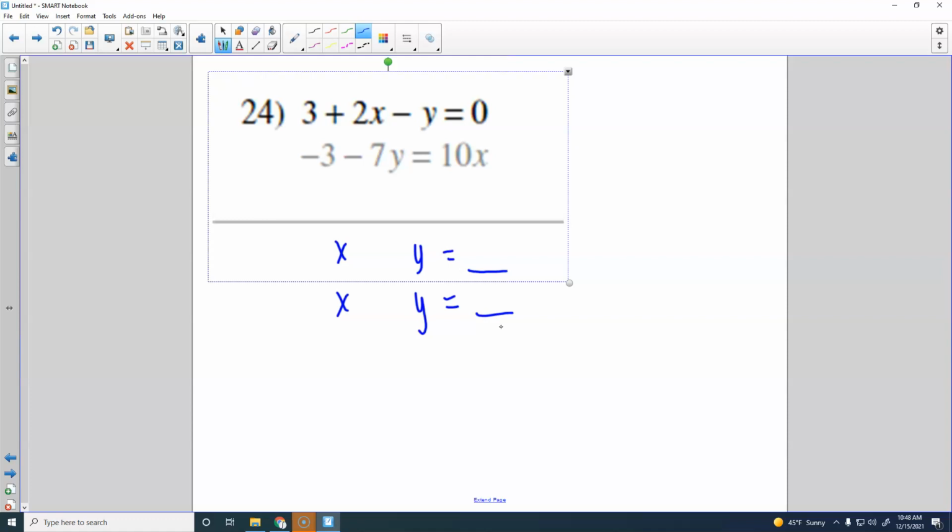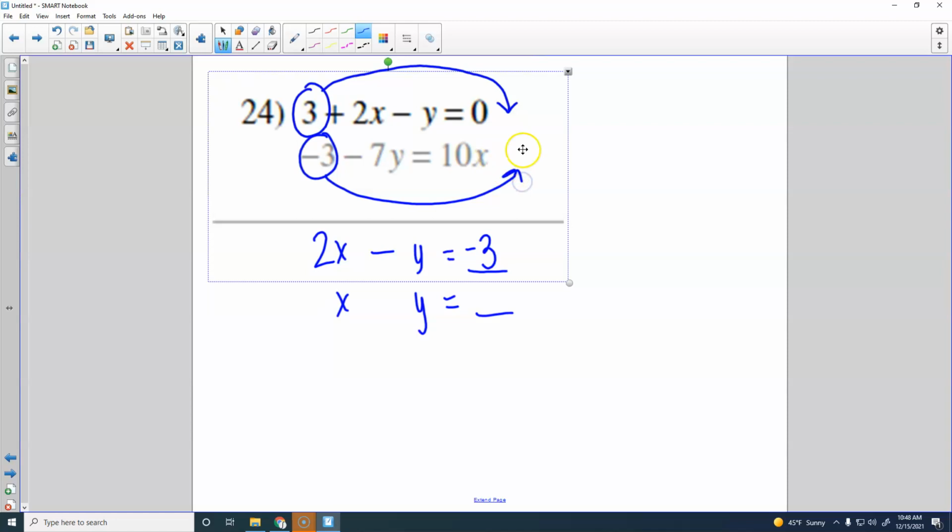So for that to happen, we need to take this 3, we need to move it to the other side. So that will give me 2x minus y equals negative 3 for that top equation. When we move something to the other side, you got to change its sign. We'll need to do that same thing here.